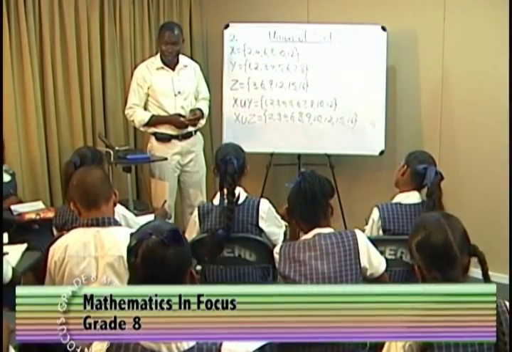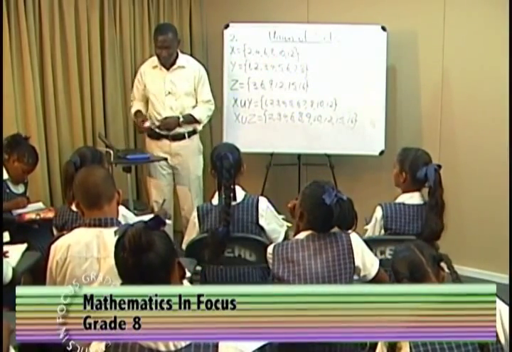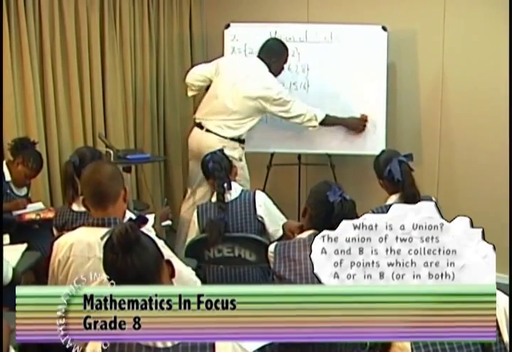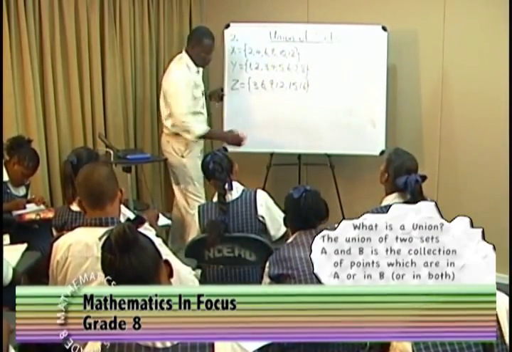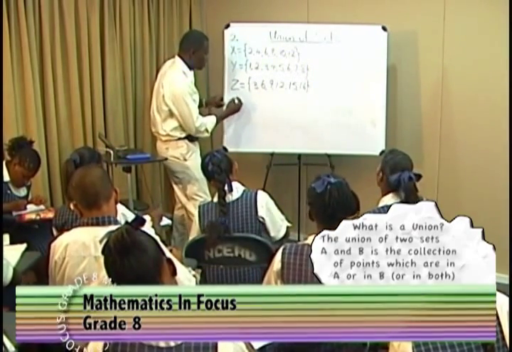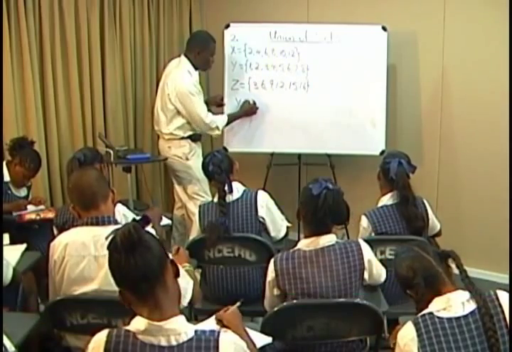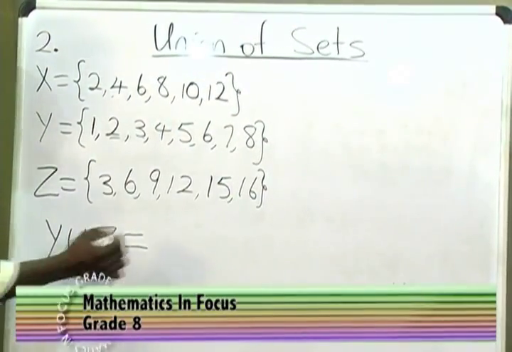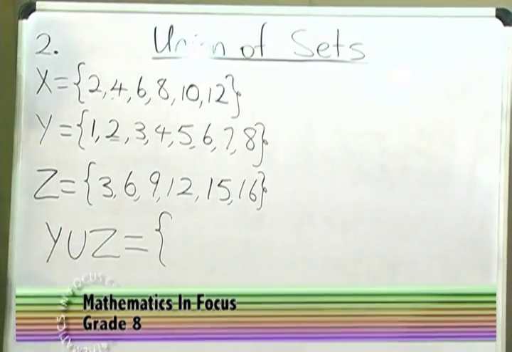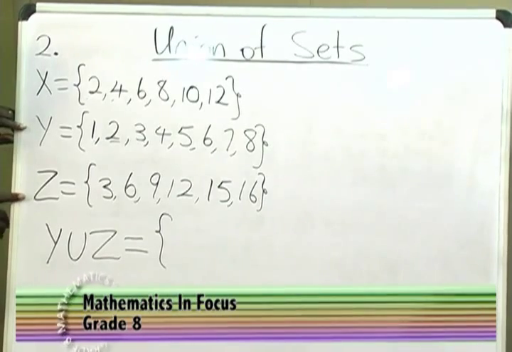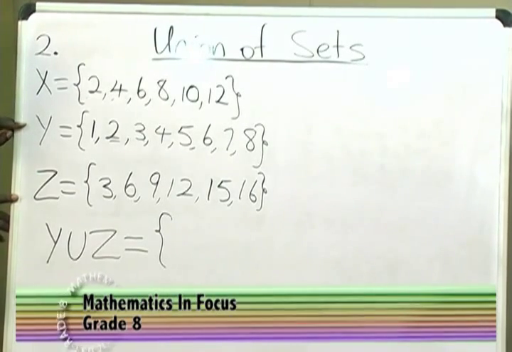Alright, what about Y union Z? Y union Z will be equal to the set of, taking Y and Z, 1 to 10 and then 12, 15, 16.